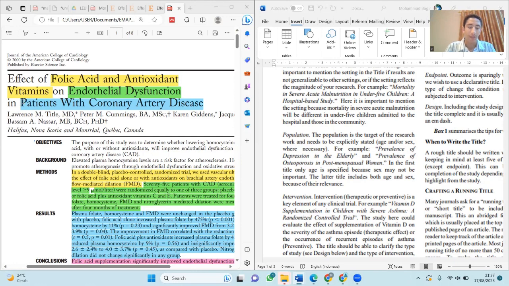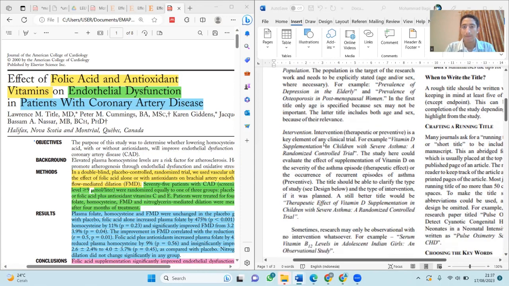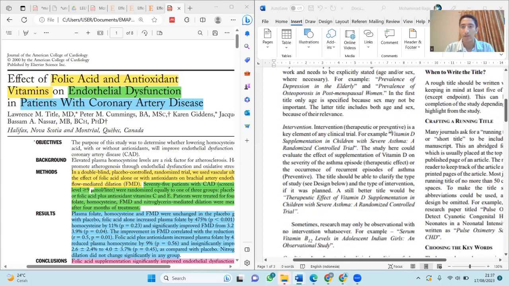Patients with coronary artery disease is the P. And then E, intervention, is a key element of any clinical trial.